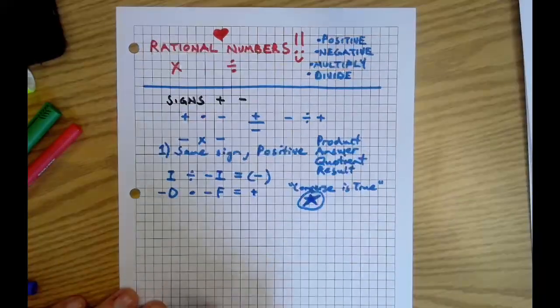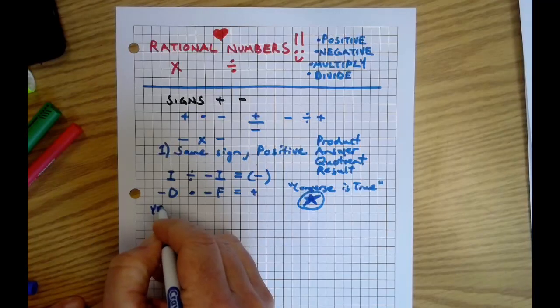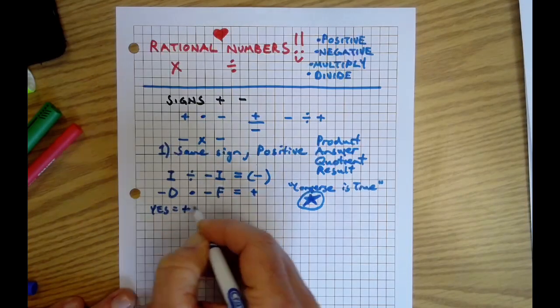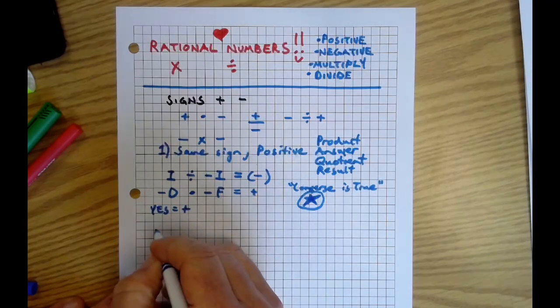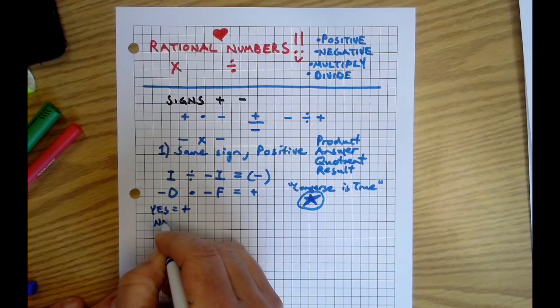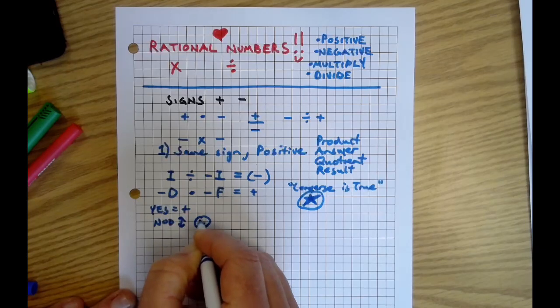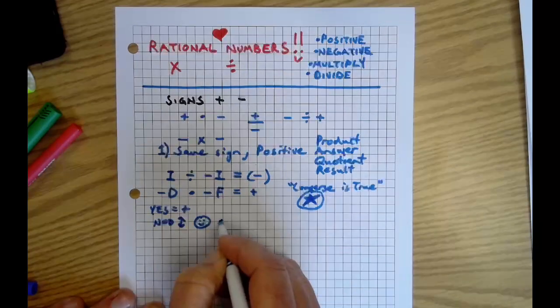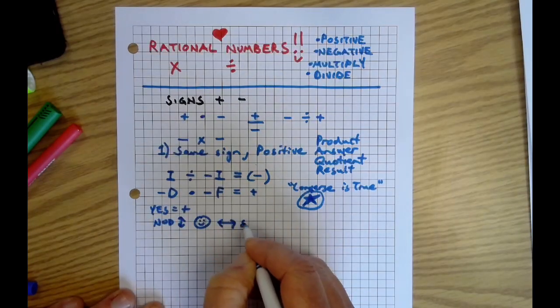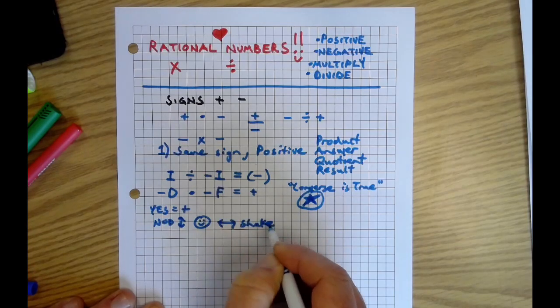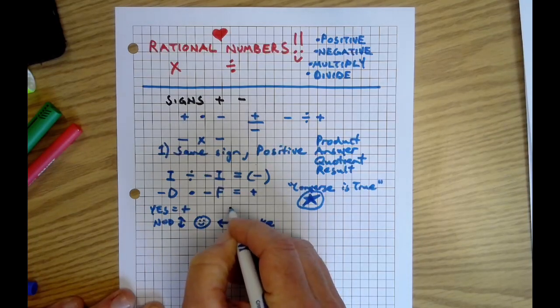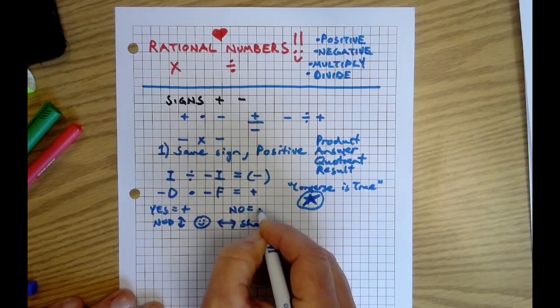If you're nodding your head yes, yes equals positive, and if you're shaking your head back and forth, left and right, that's a negative response.